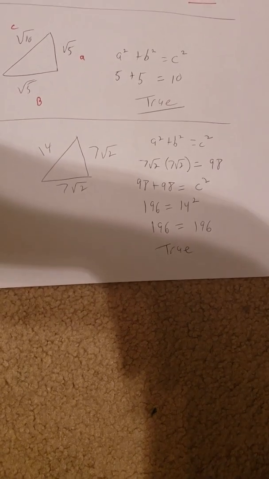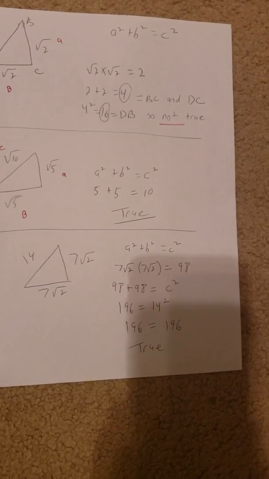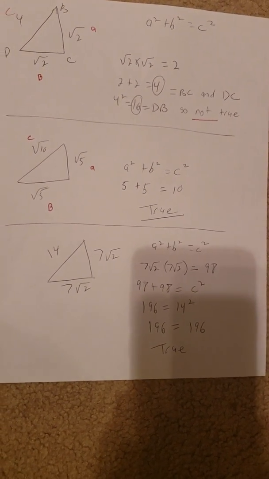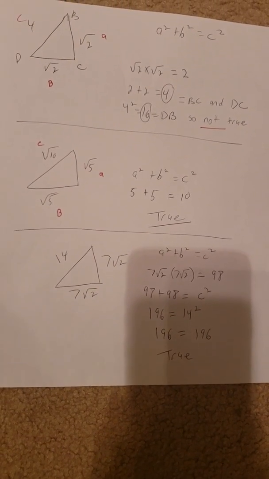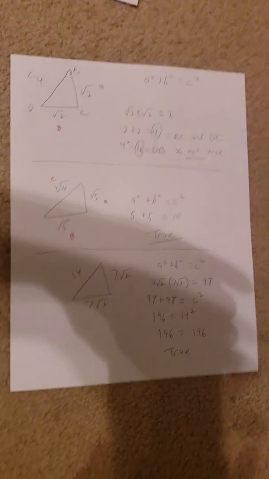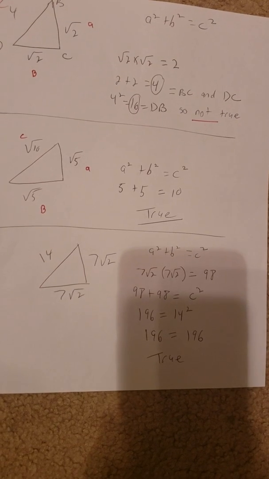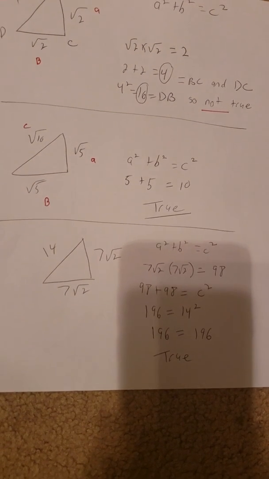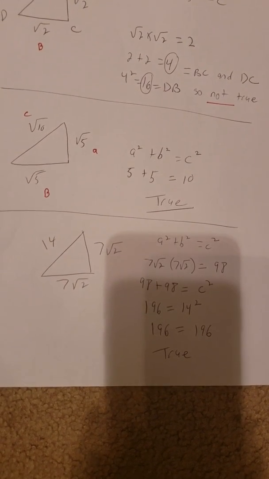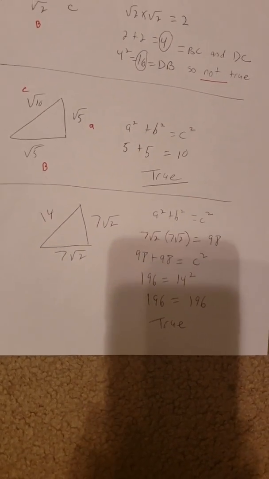So 7 square root of 2 squared equals 98. And so 98 plus 98 is 196. And then 14 times 14 is also 196. Therefore, this equation is true.